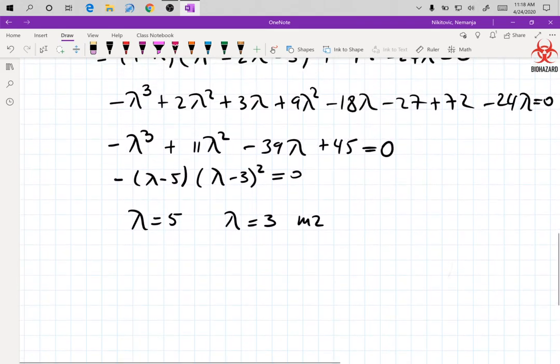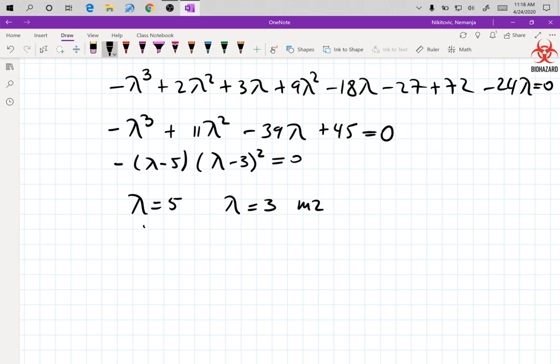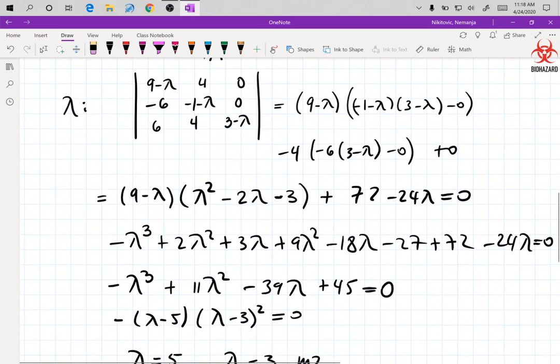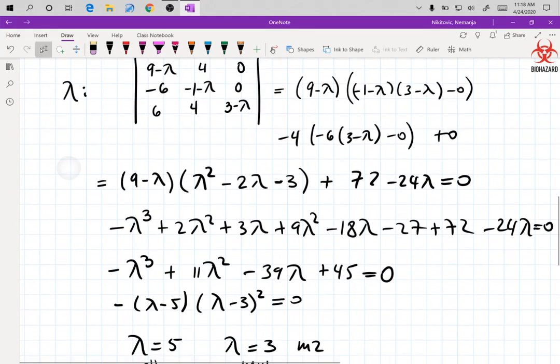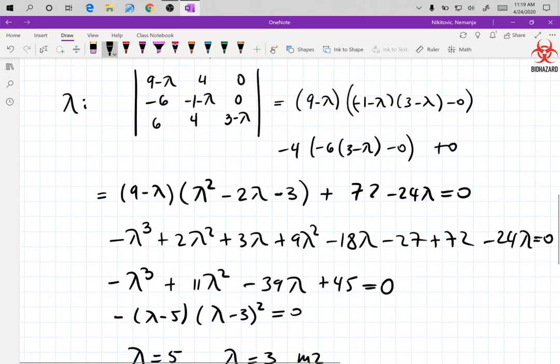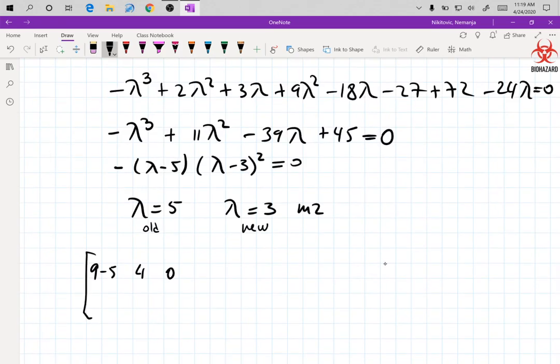So now, this is old and this is new. This is what we are looking at for today. We have to do both of them so we can have the complete solution. So we have 9 minus 5, 4, 0.